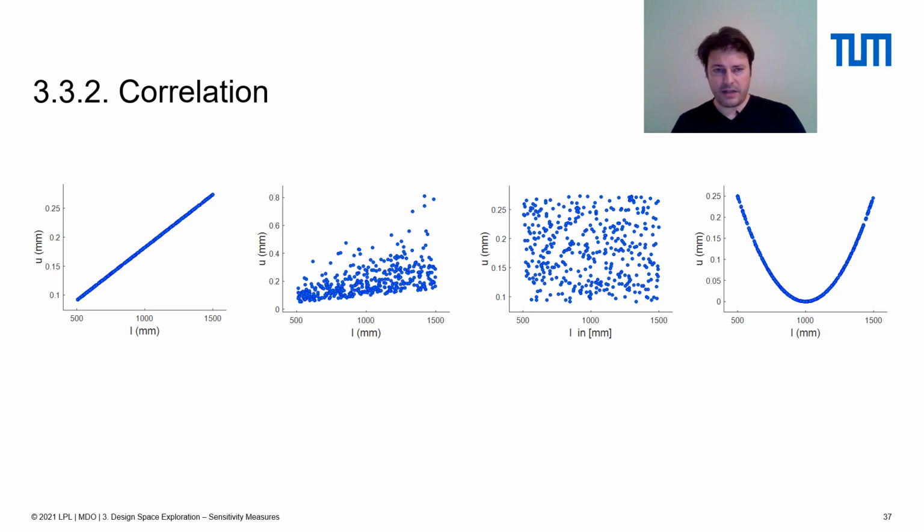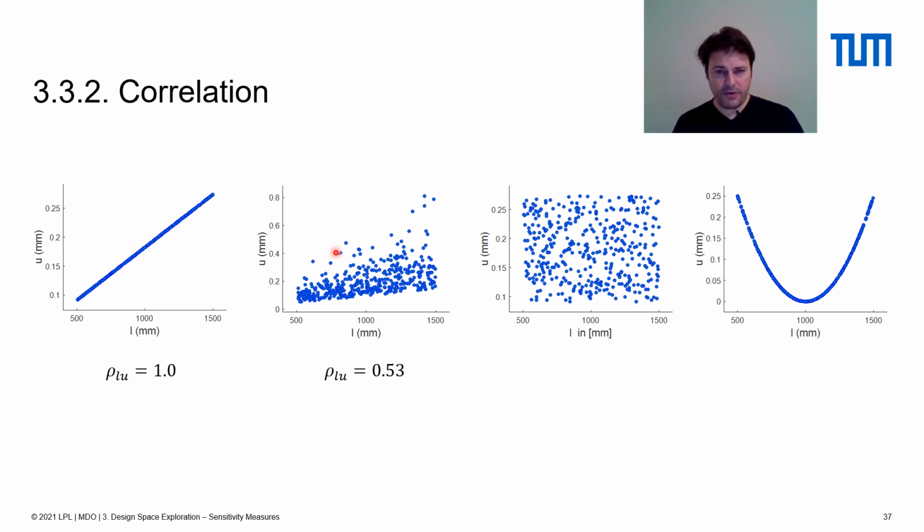Now let's look at the correlation coefficients for the examples that we just looked at. In the case of a strong linear correlation, the correlation coefficient evaluates as 1. It could also evaluate as -1 for data points running like this.